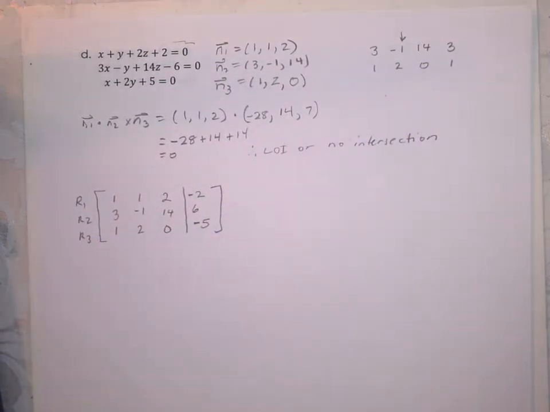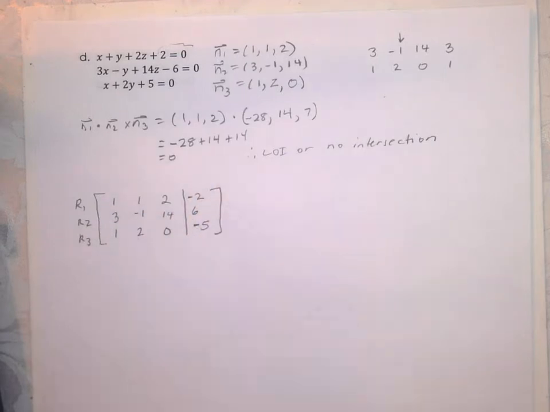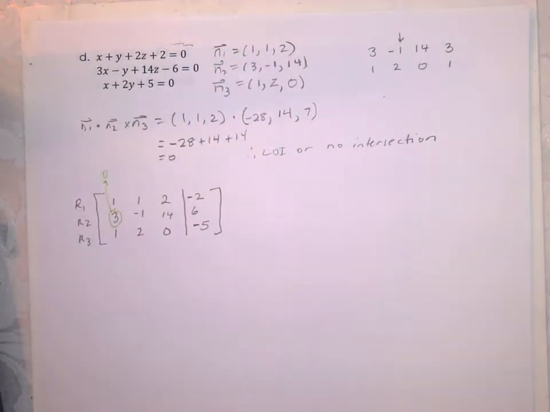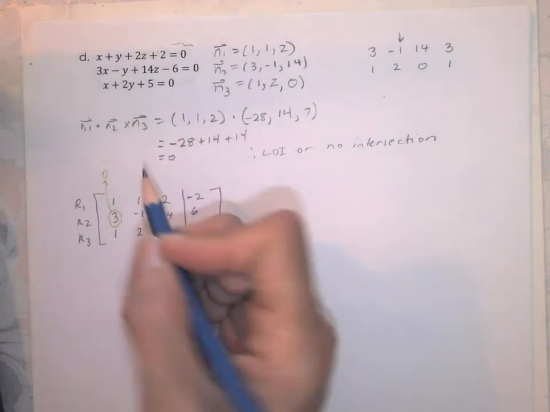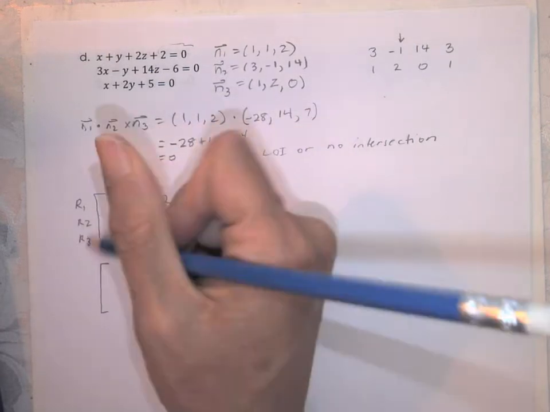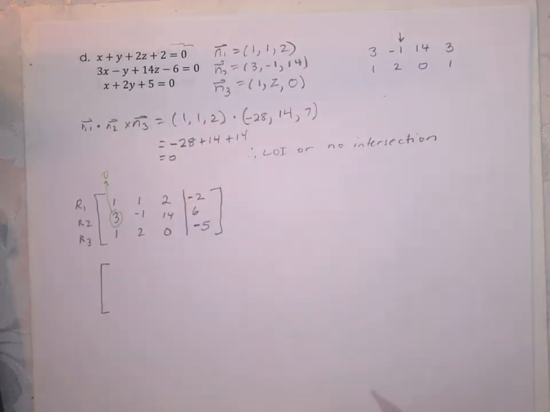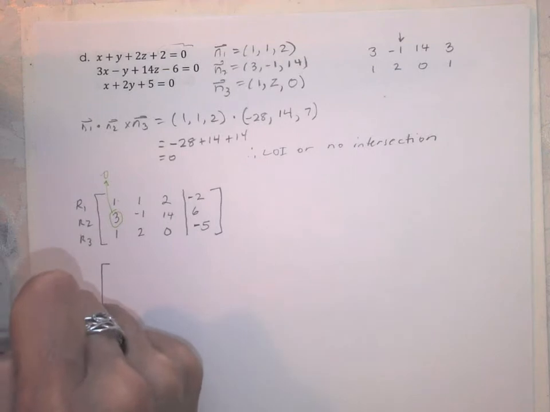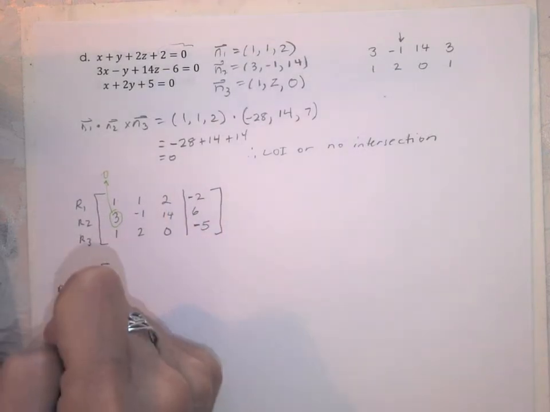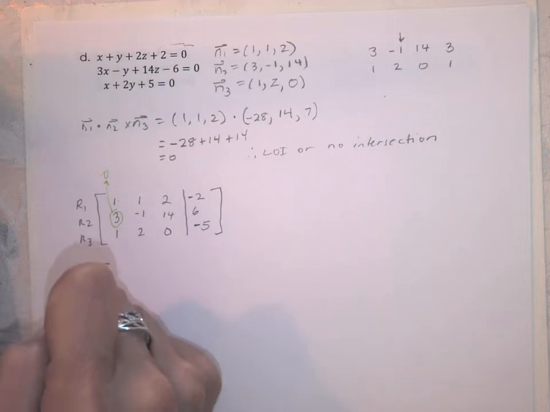So again, we're still trying to get this L shape of zeros. This is the first 0 we want to get. So we want to make that 0. So we have our choice of what to do because there's a 1 in row 1 and a 1 in row 3. So I'm going to do row 2 minus 3 row 1s.